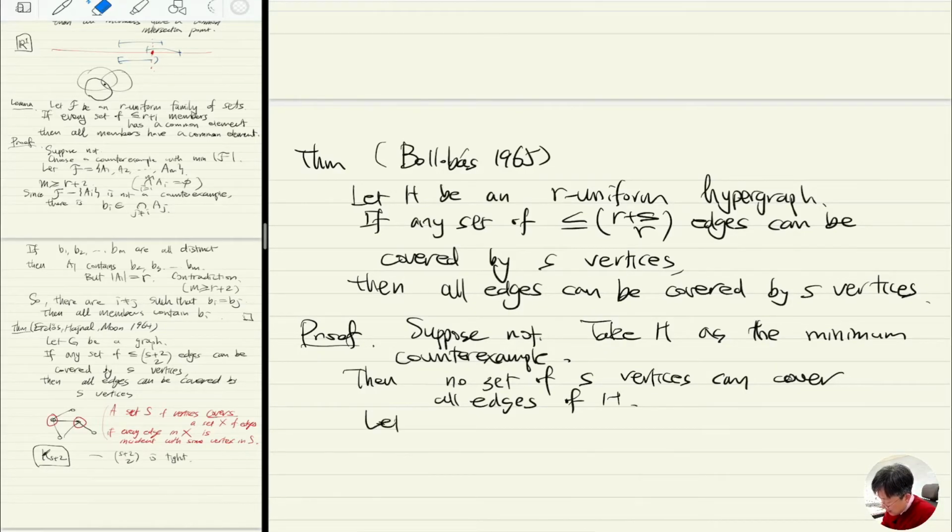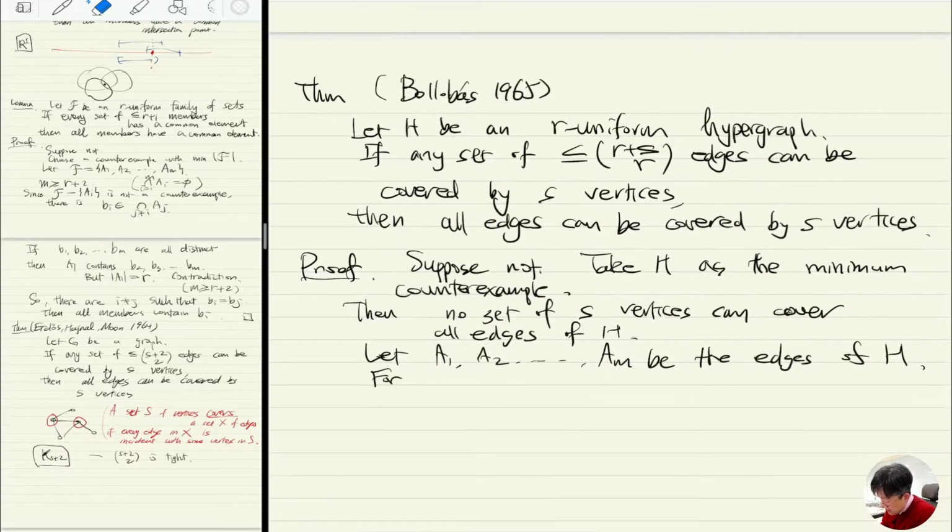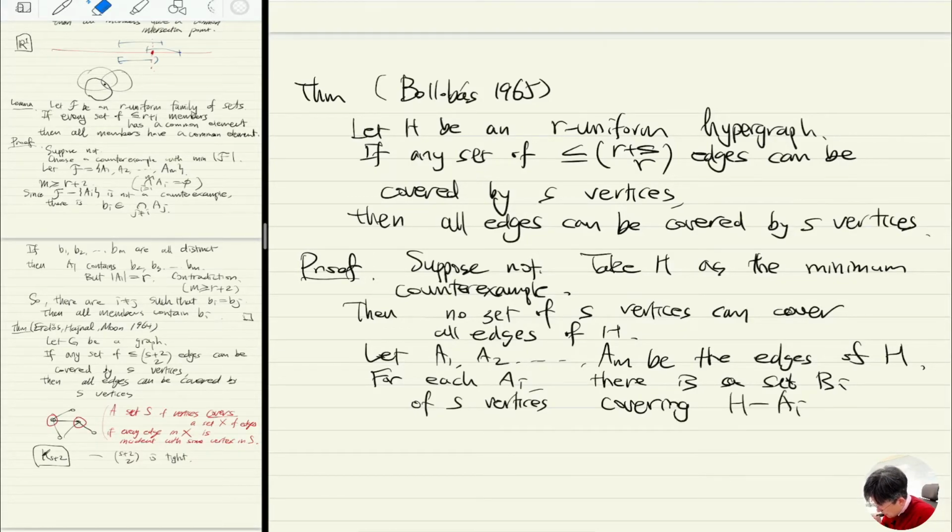Let A1, A2, ..., AM be the edges of H. For each Ai, there is a set Bi of S vertices covering H minus Ai, because H is a minimum counterexample, so when I delete one edge, it's no longer a counterexample.